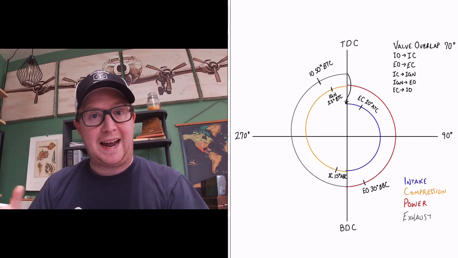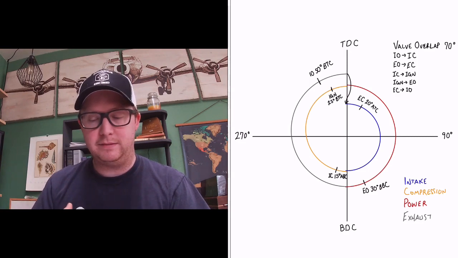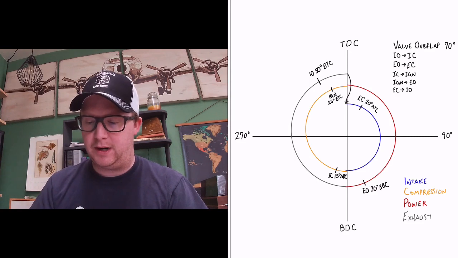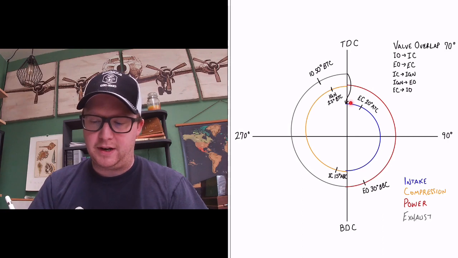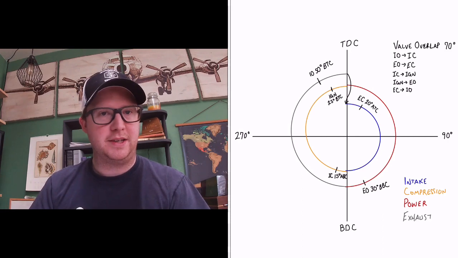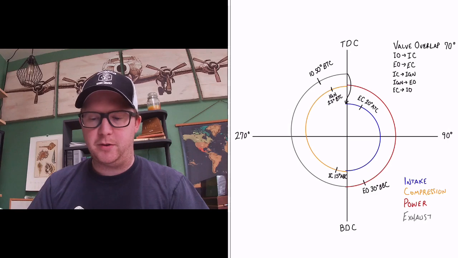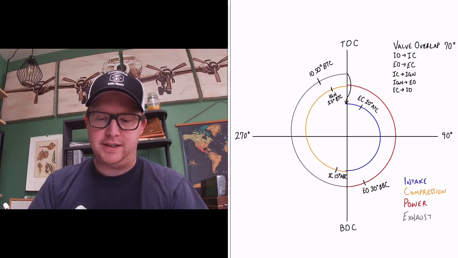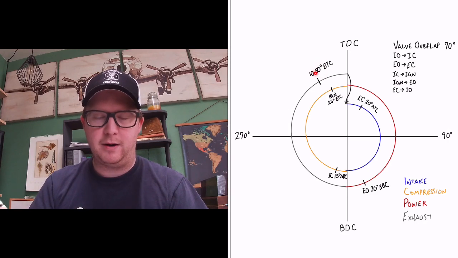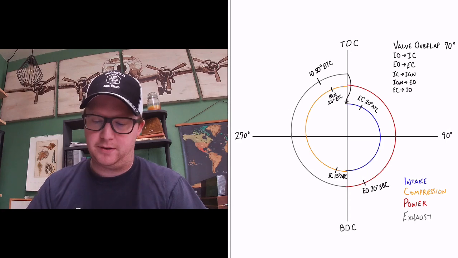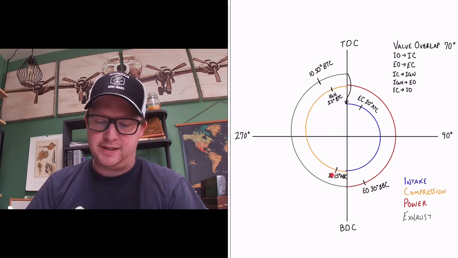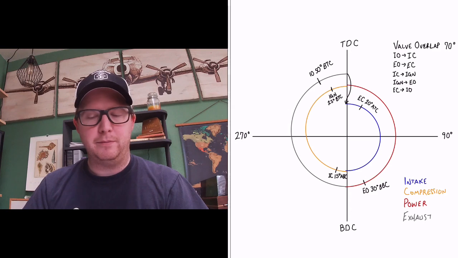In order to add this up, the easy way I like to do it, call it a life hack or a cheat or whatever you want, I'll take the intake stroke. I know that the intake stroke is 180 degrees, so I'm going to add 50 degrees, because that's how far we are before top center, and then 15 degrees, since that's how far we are into the compression stroke.